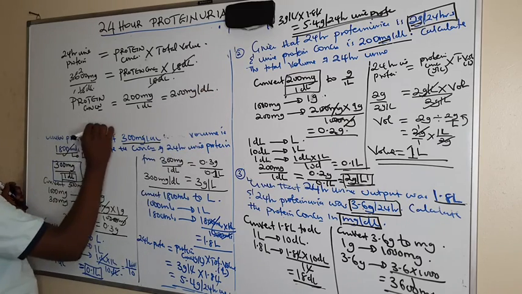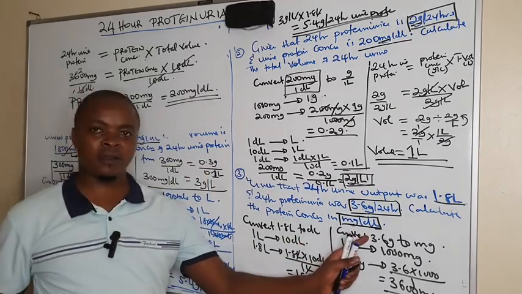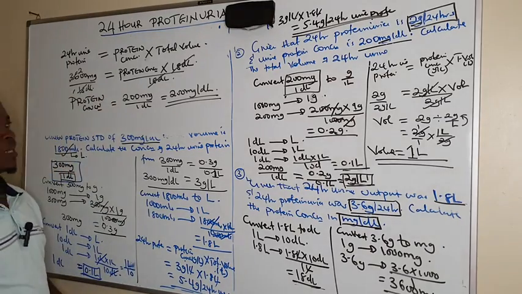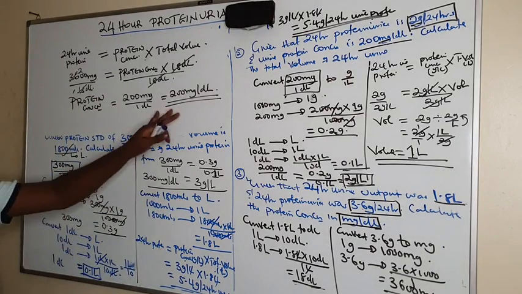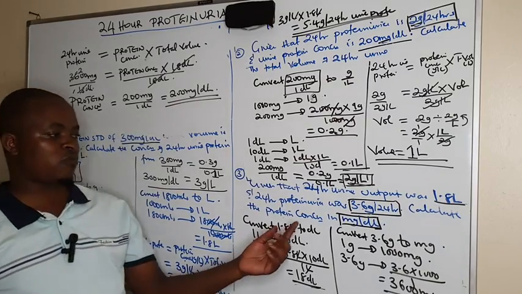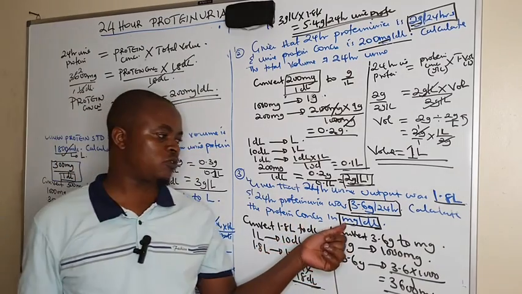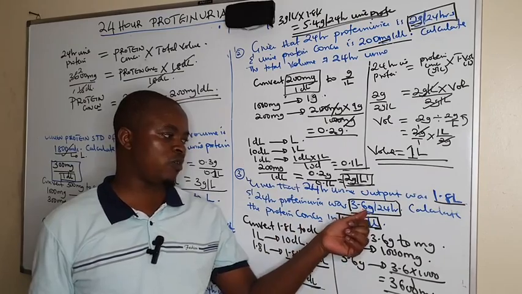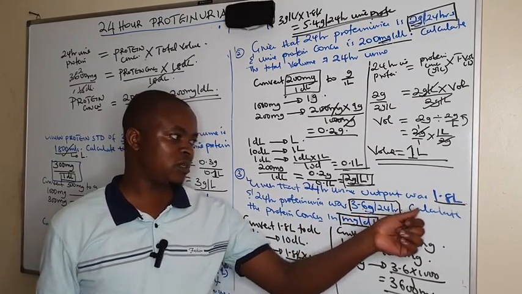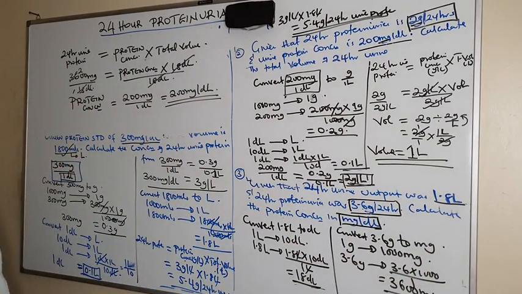So this is the protein concentration they wanted in milligrams per deciliter. The trick of the question was that the examiner wanted milligrams per deciliter, so we were forced to convert grams to milligrams and 1.8 liters to deciliters. This is what we can discuss in this session.